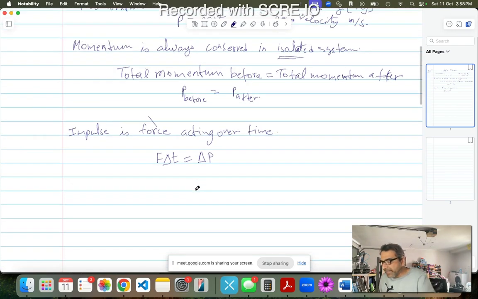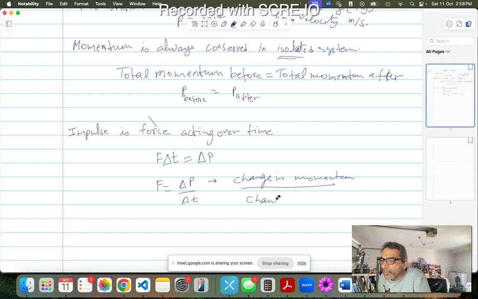Or we can say, this is another formula for force: force is equal to change in momentum over change in time, right?